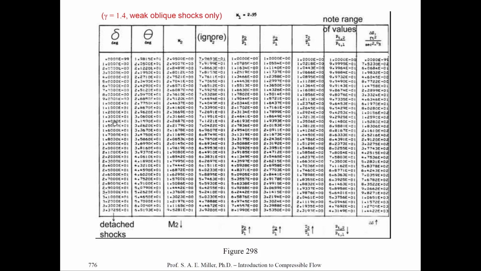entropy increase. So of course, with increasing deflection angle from basically 0 all the way up to high values, here it's 33.7275 degrees, we'll have corresponding wave angle of 65.19 degrees. And then you can see here's where we transition from supersonic flow after the shock to subsonic flow after the shock right here.